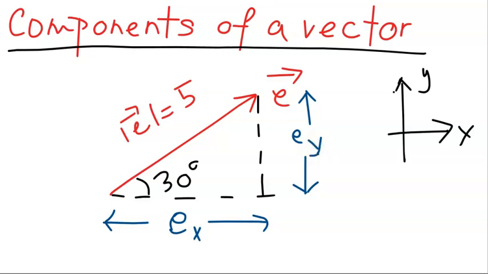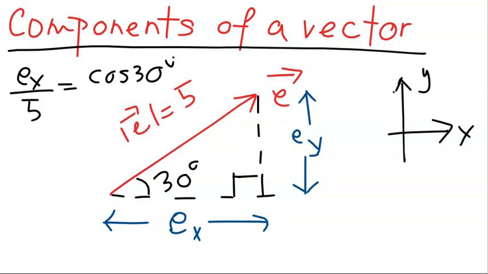Okay. Now how do we calculate Ex and Ey? Now we know that we have a right angle triangle, so we can rely on trigonometry to calculate Ex and Ey. So first let's look at Ex. Using trigonometry, Ex over 5, which is the hypotenuse of this triangle, equals cosine of 30 degrees.